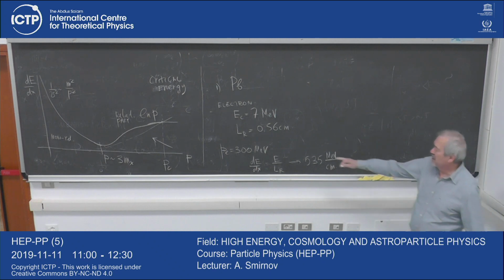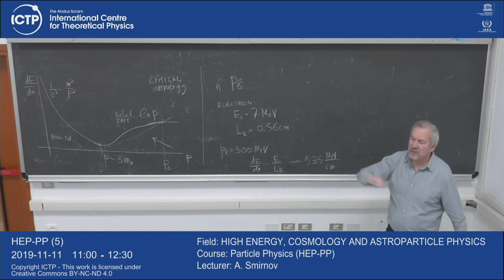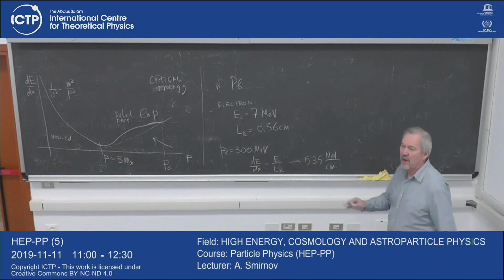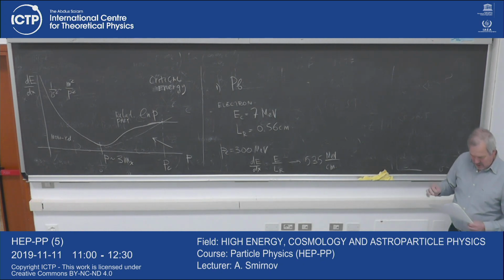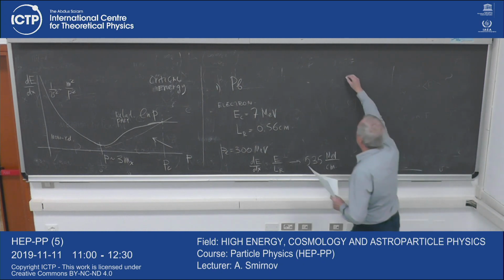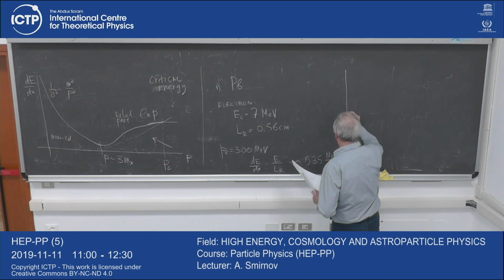So it's even bigger than the energy, which means that the energy will be decreased by a factor of 2.7 over a distance smaller than 1 centimeter, something like 0.5 centimeter, to reduce the energy by a factor of 3 or so.